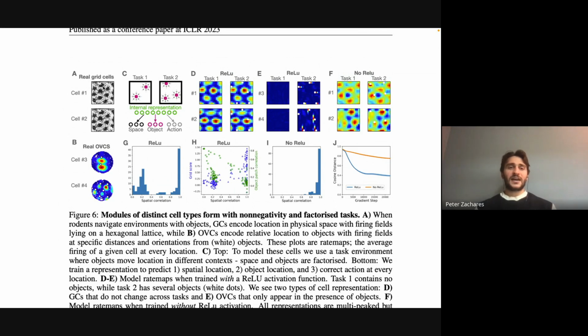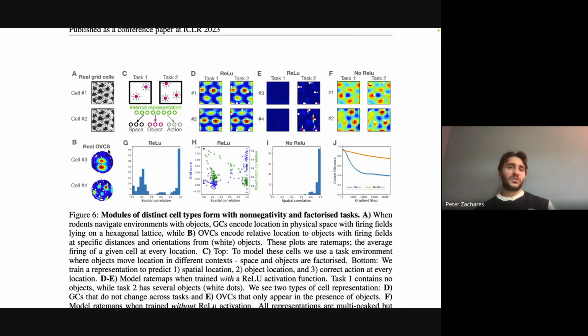They form a hexagonal lattice in your brain. Whereas OVC cells are used to locate objects and consequently move towards them. They don't form some kind of hexagonal lattice, but they fire when you're near that object or when you see that object. So that's how they work.